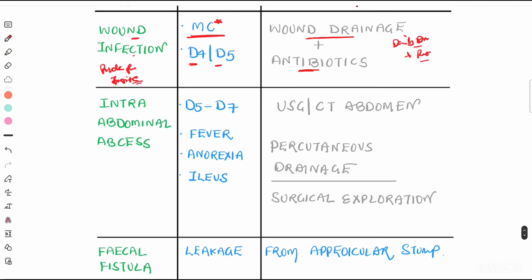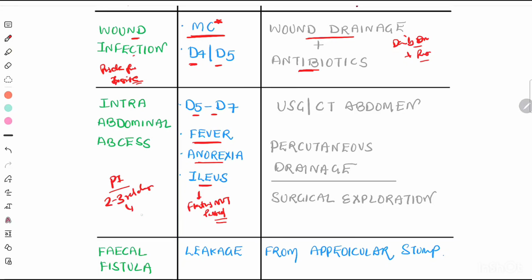And there can be intra-abdominal abscess. On day 5 or day 7, the patient will complain of fever, anorexia and prolonged ileus. The flatus is not passed. Normally, in paralytic ileus, the patient will pass flatus on the post-operative 2nd or 3rd day.